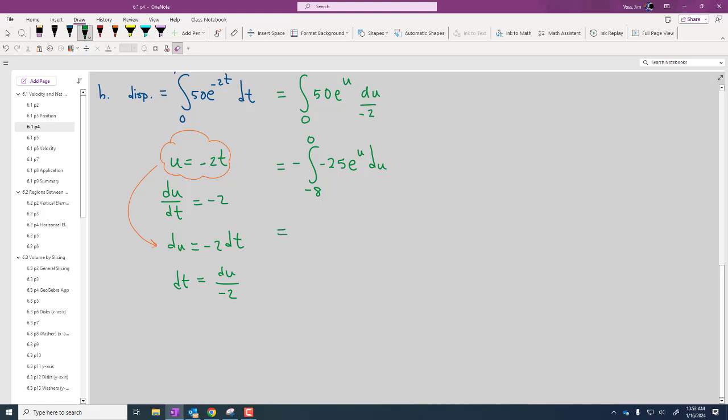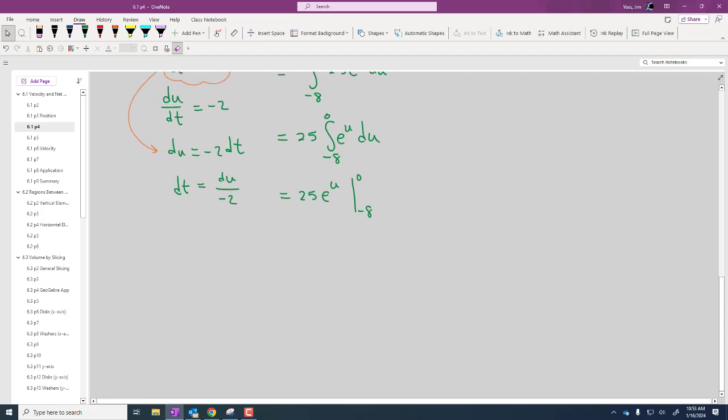Okay, so now let's just simplify this a little bit. Remember that you can factor constants through. Constants can move in and out of derivatives, they can move in and out of integrals. So we have that, and then what is the antiderivative for the exponential function? It's itself, e to the u. -8 to 0.